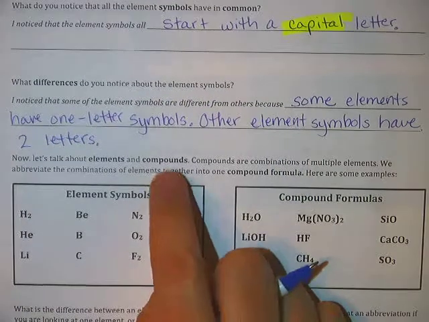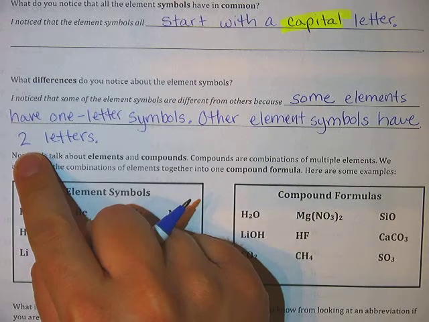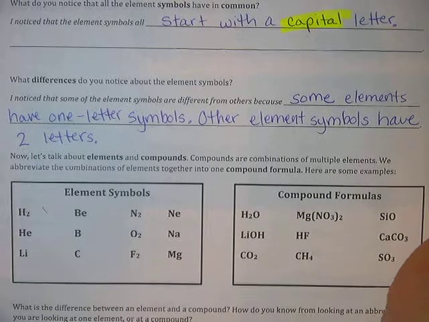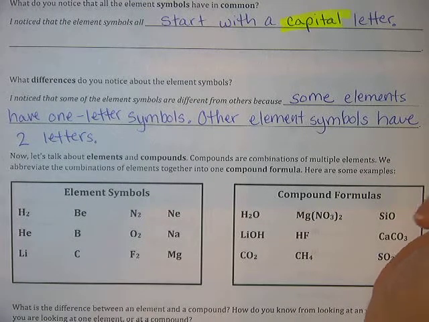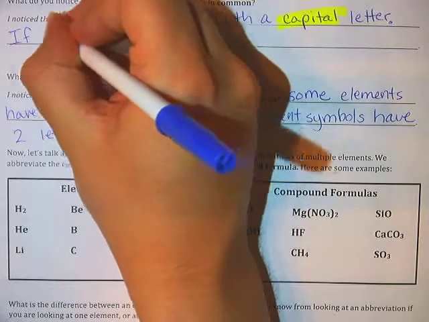And that brings me to an interesting point that we can add back up here. The ones with two letters, if there's a second letter, the second letter is always lowercase.